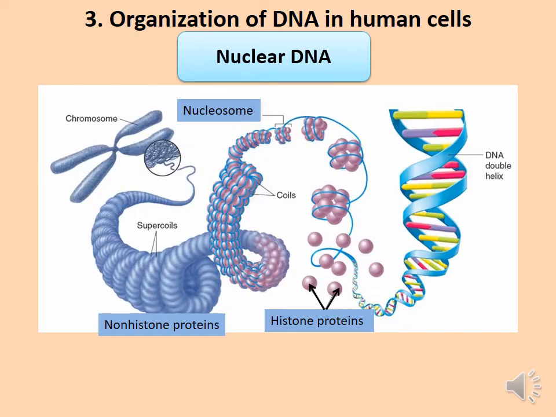If we take out all the chromosomes in a single human cell and stretch them end to end, it will be around 2 meters long. But the approximate size of the nucleus in a human cell is around 2 to 3 micrometers. So how is it possible to put 2 meters long DNA into a 2 to 3 micrometer sized tiny nucleus?